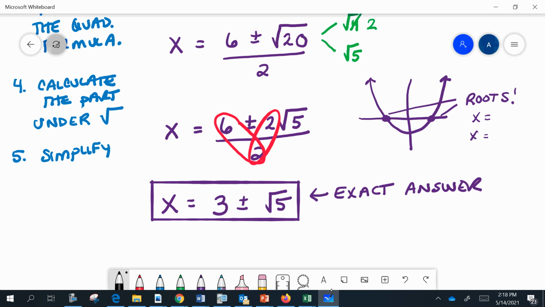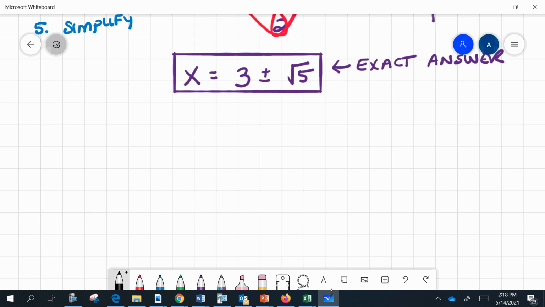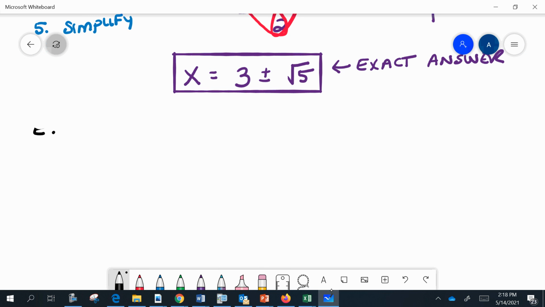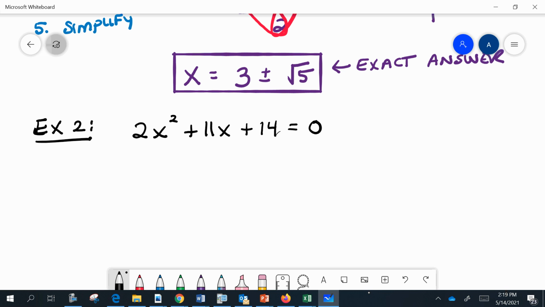All right, let's take a look at another example. And let's suppose that we have 2x squared plus 11x plus 14 is equal to 0. All right, so we're already in standard form. We don't need to simplify there.